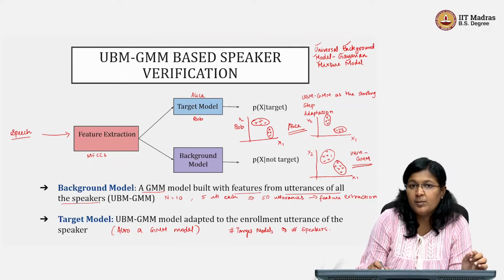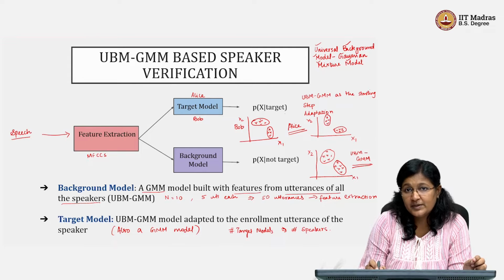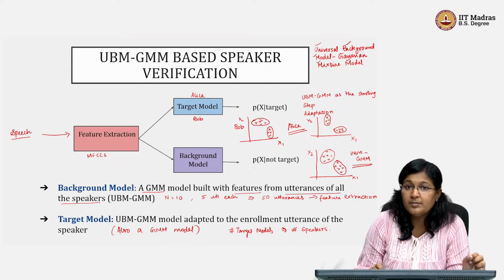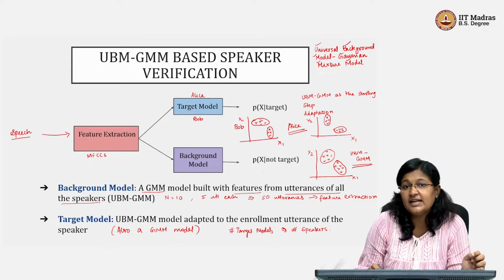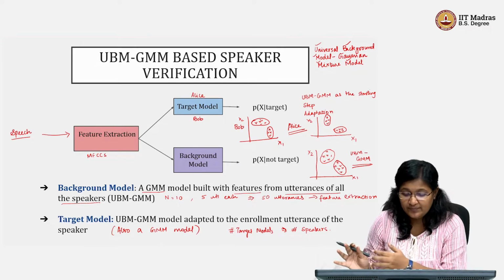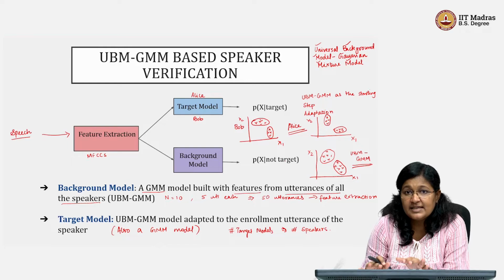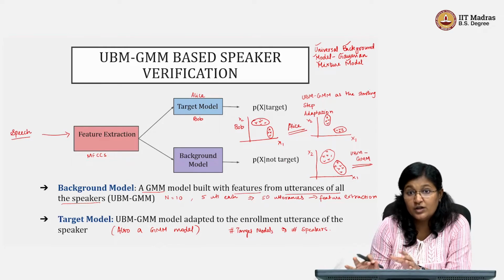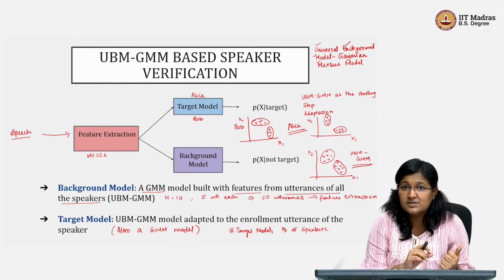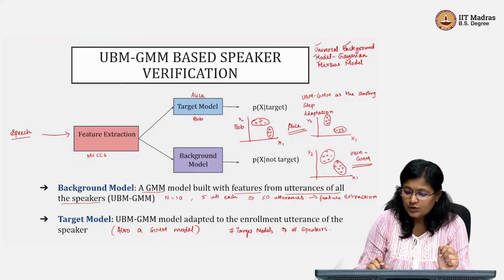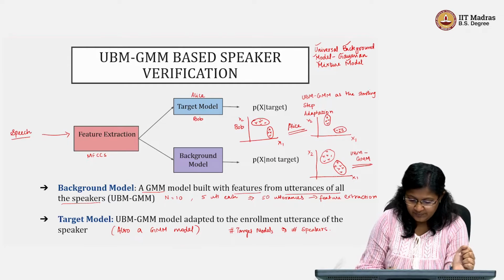I will find out the probability of getting those features given that it is generated by the target model, and the probability of getting those features given that it is not by the target model, which is actually the UBM-GMM. We are saying that the features have come from the UBM-GMM model. Here we say that the features have come from the target model, the Alice model, because the person claims that he or she is Alice.